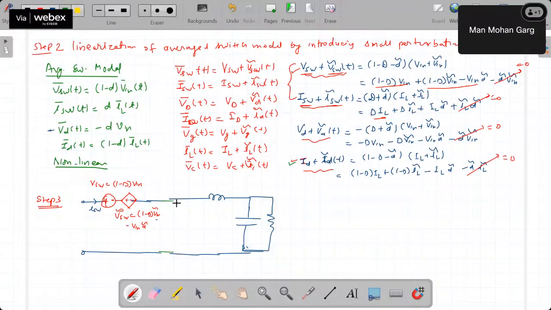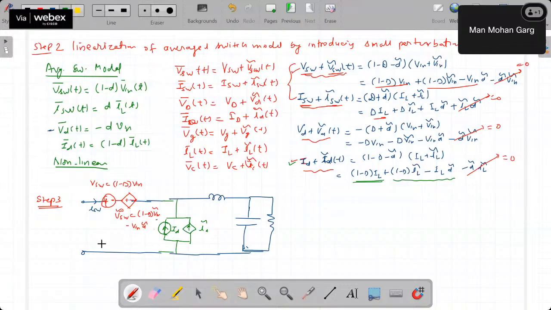So here we will connect two current sources, keeping the direction the same as the original direction of the diode, and we'll add them up like this. So this is ID and this is ID cap, where ID is given by 1 minus D into IL, and ID cap is given by 1 minus D IL cap minus IL D cap. So now that way we have obtained this circuit.